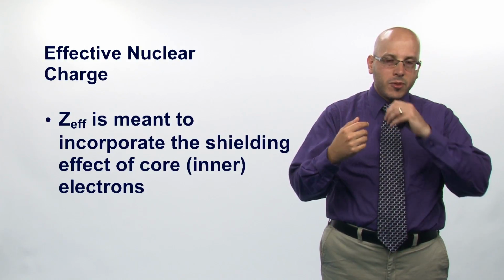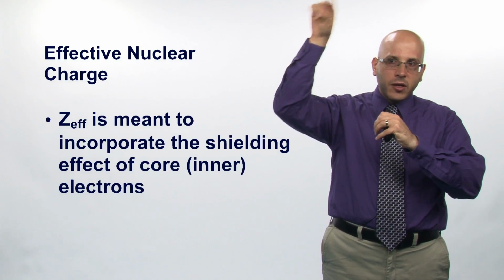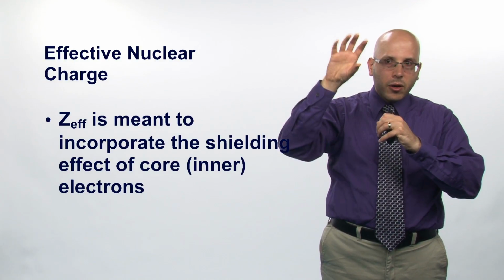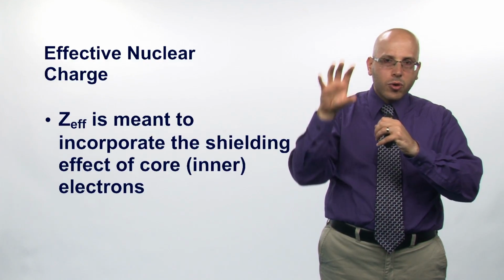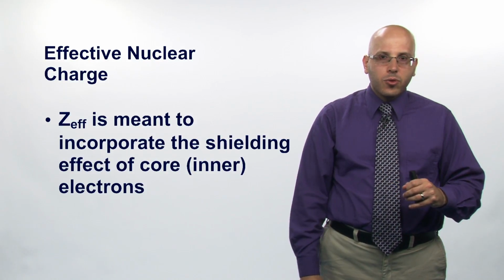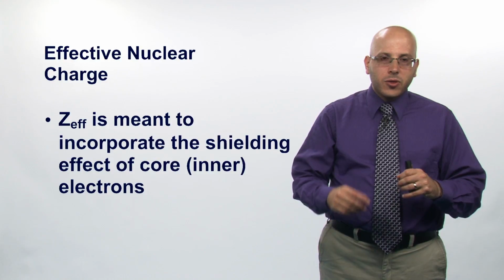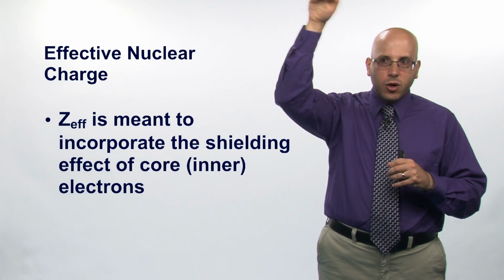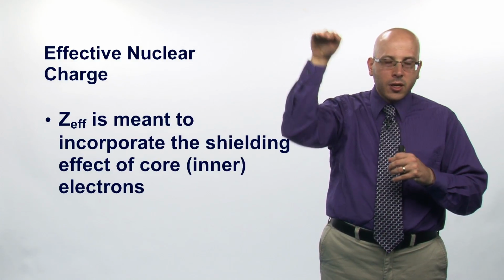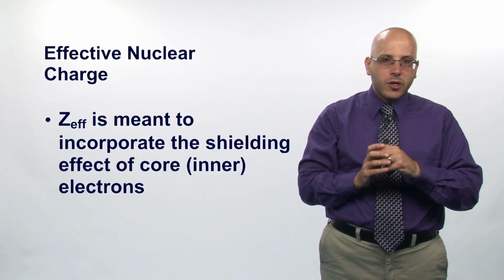Why? Because in between the nucleus and all of these valence electrons out here are these inner or core electrons, and they act like a little shield, a barrier. So they protect the electrons all the way at the end from feeling the full effect of the nucleus in the center.